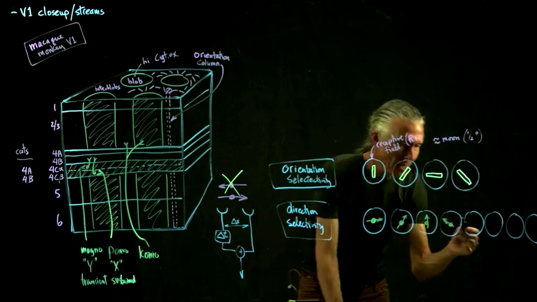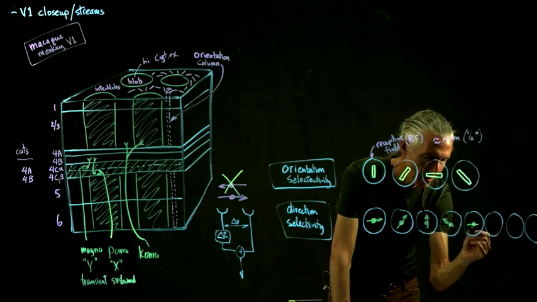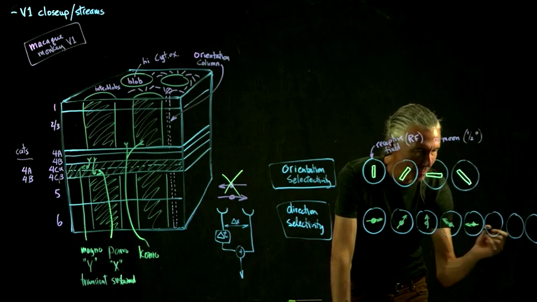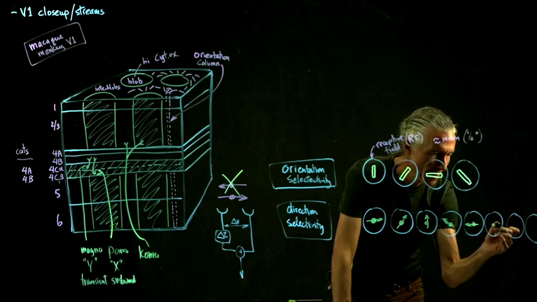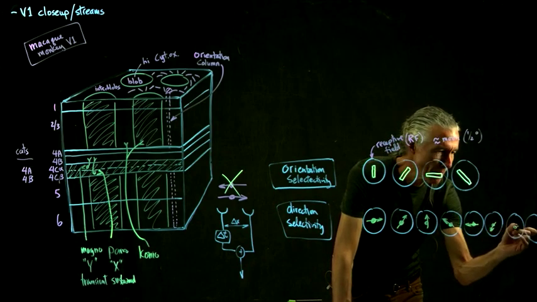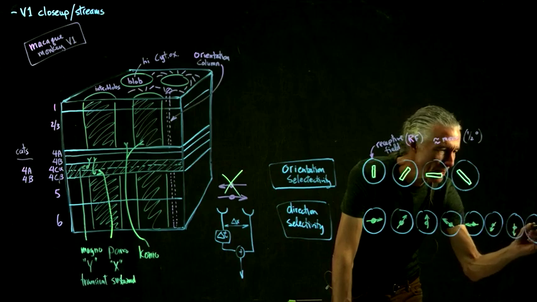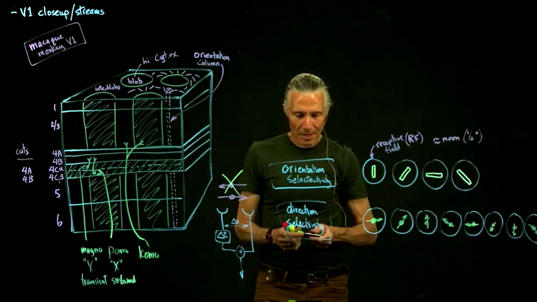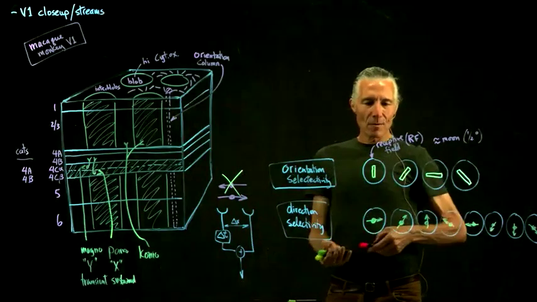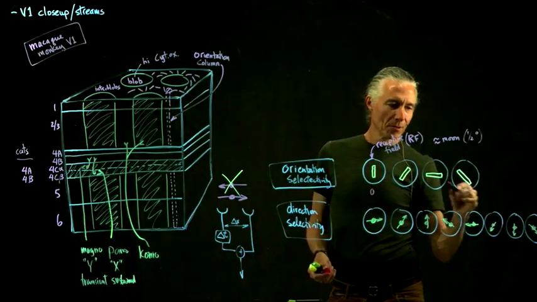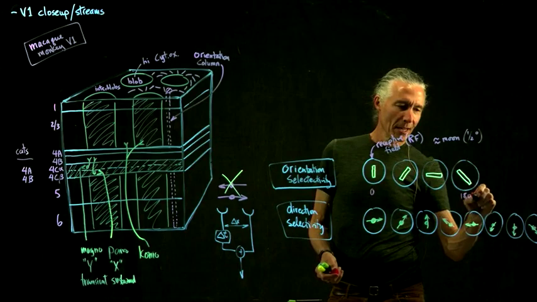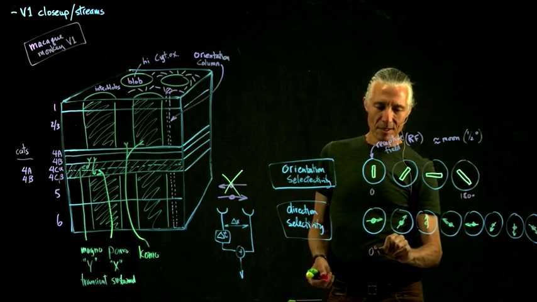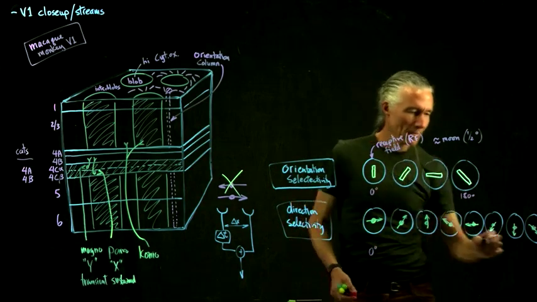But now we've also got to test the opposite direction. So now we're opposite, and you've got to go through 360 degrees of testing. So here we're going 0 to 180. Here we're going 0 degrees to 360.